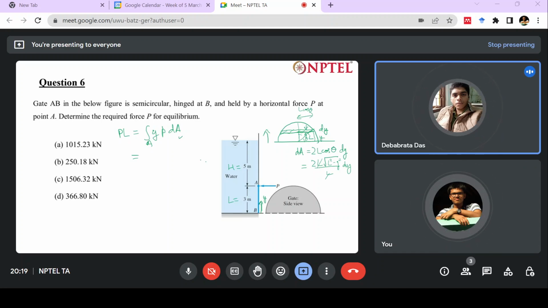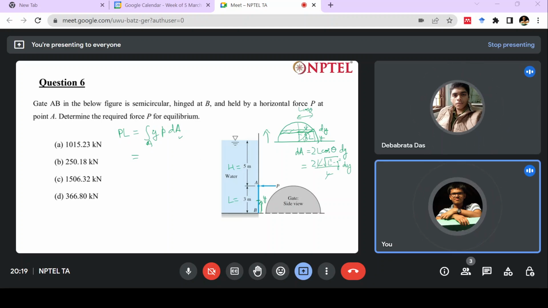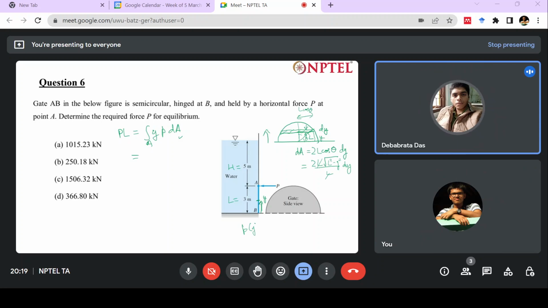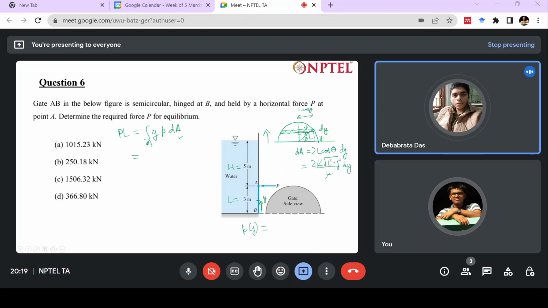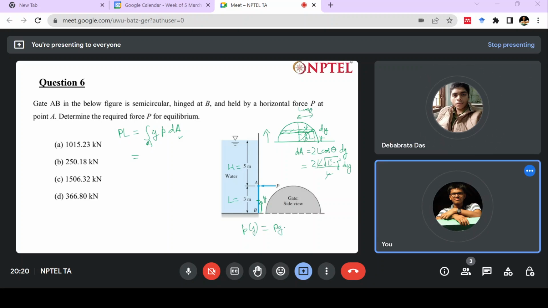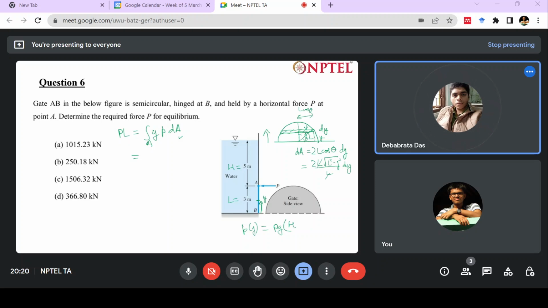Pressure you have to calculate. So pressure at point y is basically P atmosphere, which I think we have to neglect here anyway. So this is rho g (H plus L minus y).